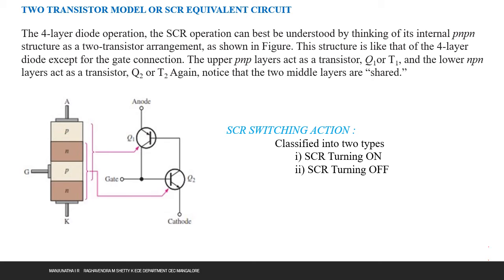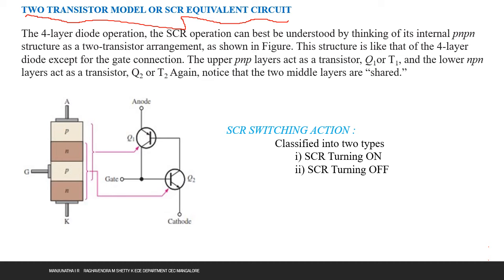The point we are going to discuss here is very important. We'll discuss the two transistor model, or SCR equivalent circuit. The SCR circuit can be analyzed in the two transistor model way, and the SCR equivalent circuit is drawn in the following figure.